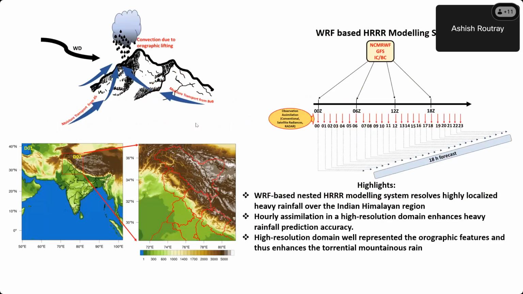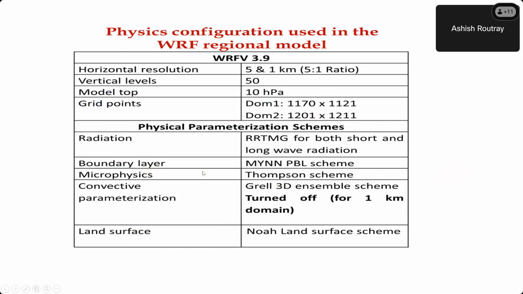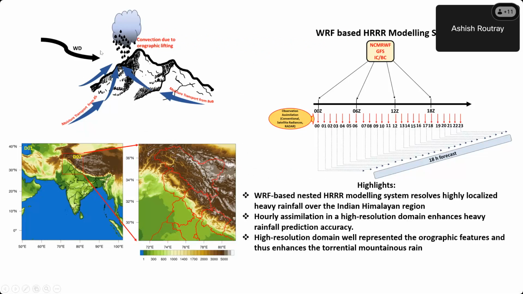Here I am going to our WRF based HRR system, because in the NSUM system we are not focusing on this region due to some technical issues. So we have developed one HRR system on WRF over the Western Himalaya region, with more focus on cloud bursts. This is a very typical interaction of Bay of Bengal and Arabian Sea moisture and dry air with the complex terrain.